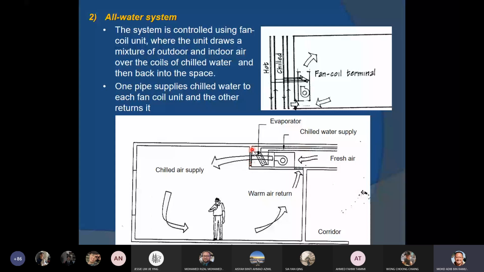So you enter from the corridor, this is the doorway, and if you notice the ceiling height at the doorway is usually lower compared to above the bed. It's because the fan coil unit is located inside the ceiling space, above the doorway. And what you can see is basically the diffuser located on the side of the ceiling.